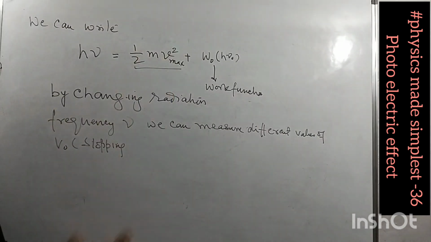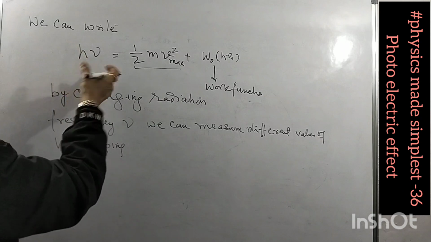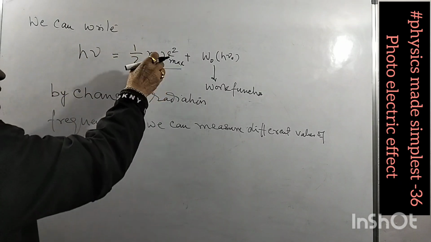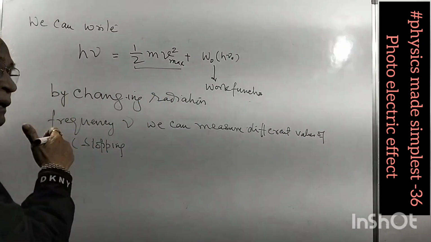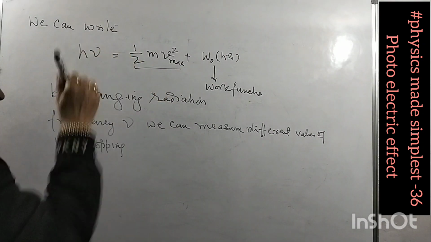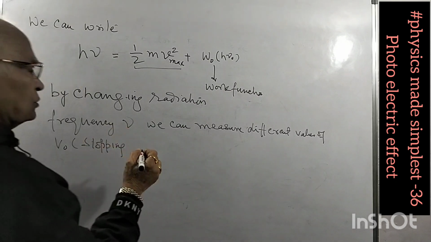Because as nu increases, that means energy increases. This energy means the electron energy, and this energy means the stopping potential. More potential is applied to stop the electron. So this is the stopping potential.